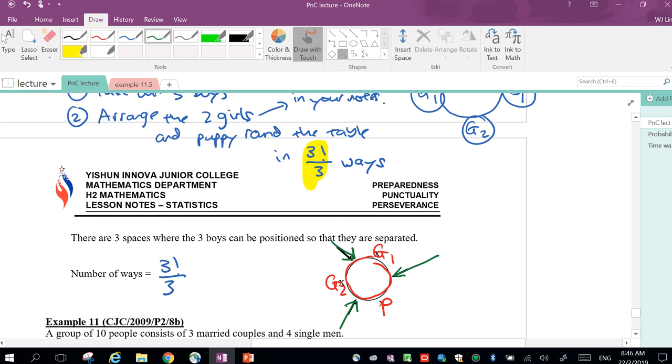How many spaces for the boys to slot in between? 3. So times how many spaces you need? 3. So 3 spaces. Let me write down what this 3 means: 3 spaces between girl and puppy.